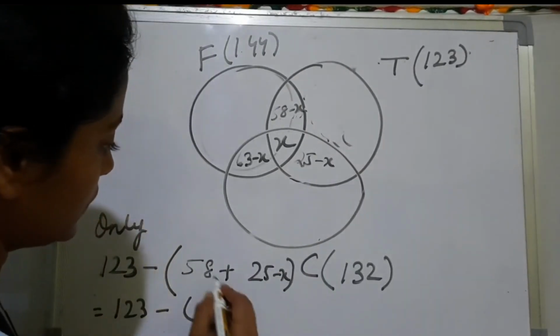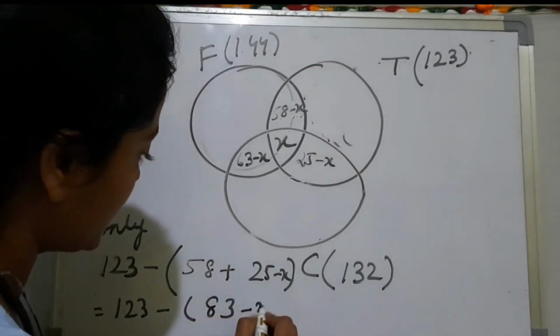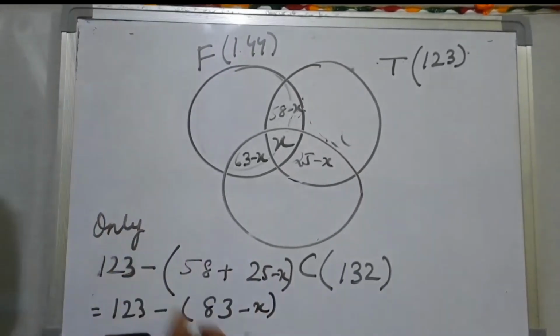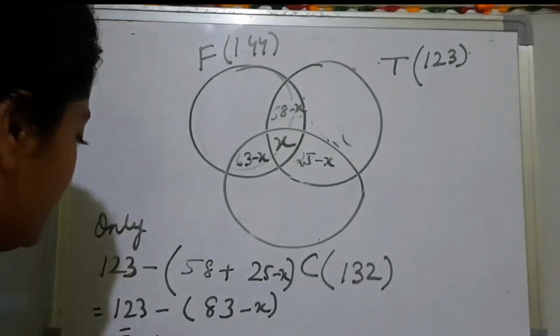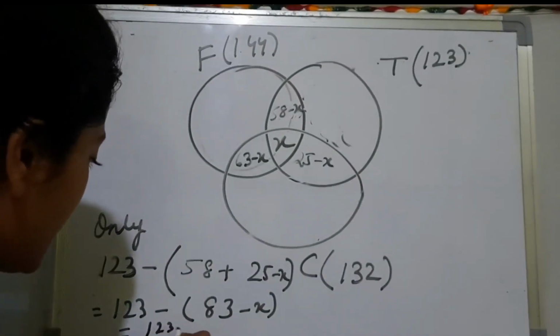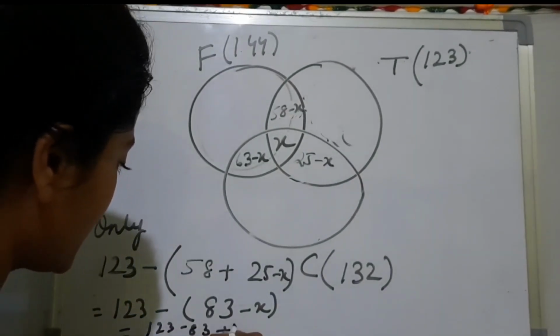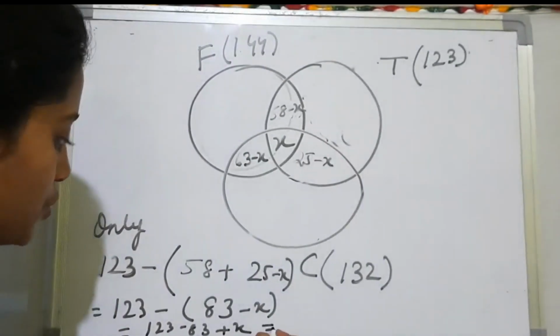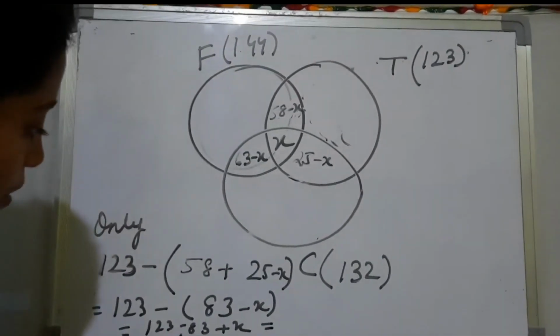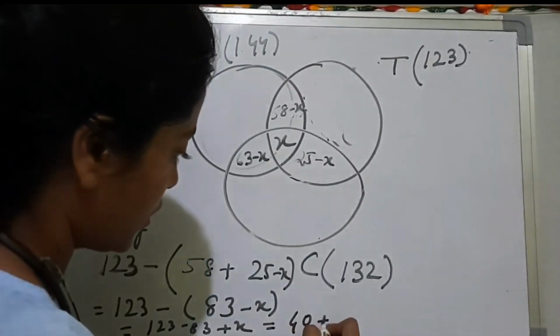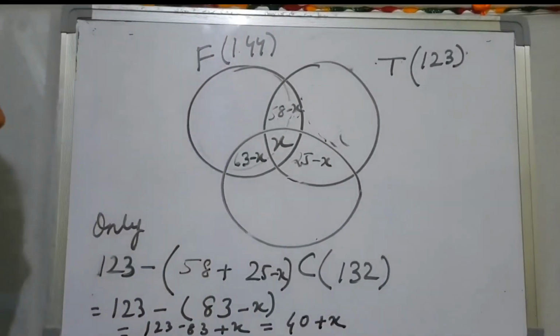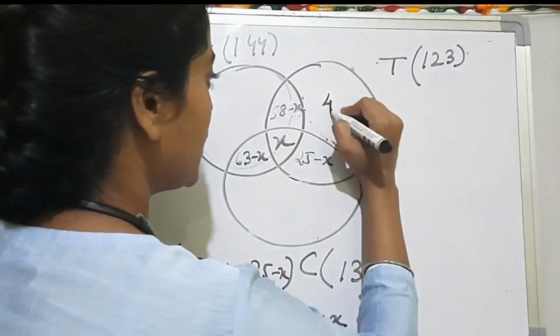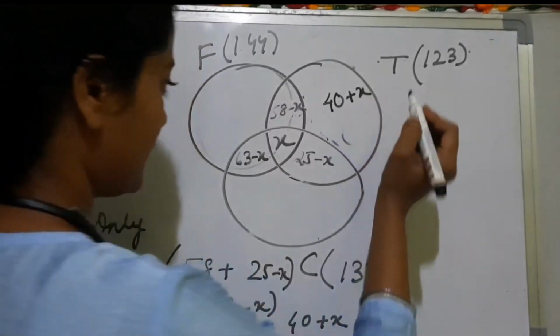We will get 123 minus 83 plus x. So here we will get 40 plus x. So the players who play only tennis is 40 plus x.